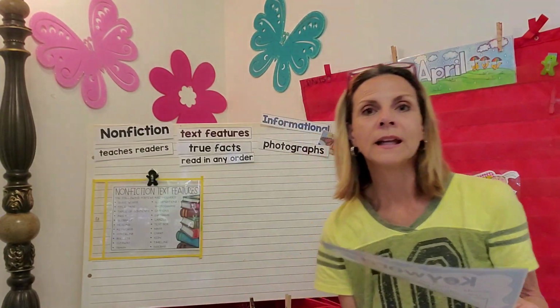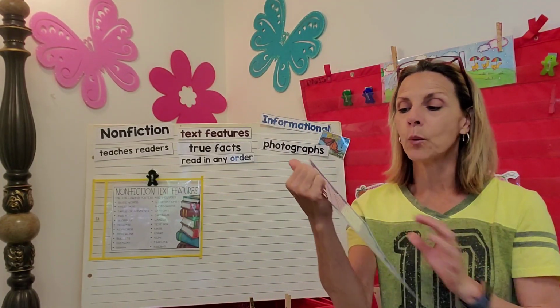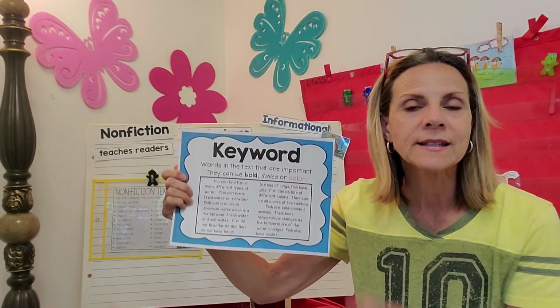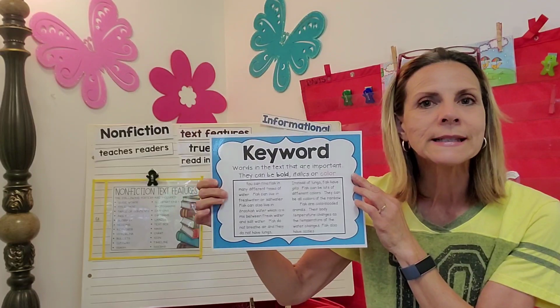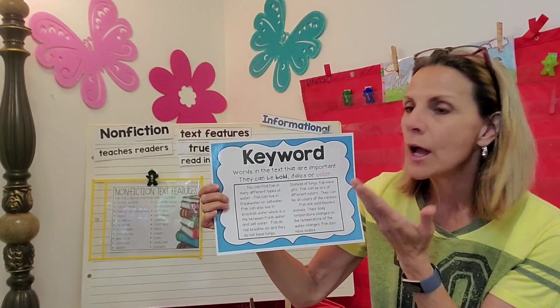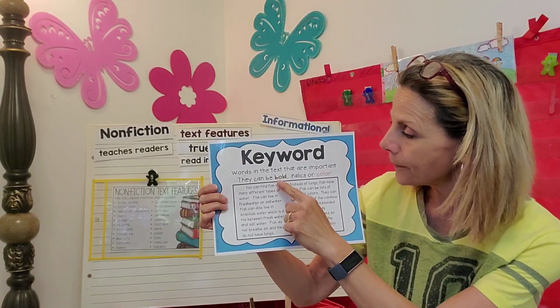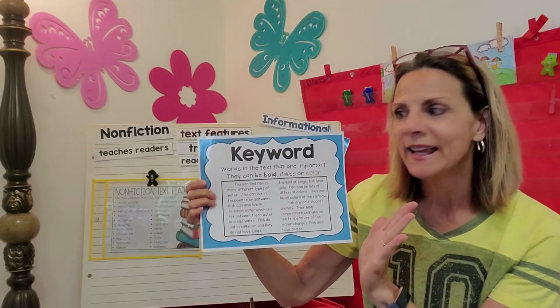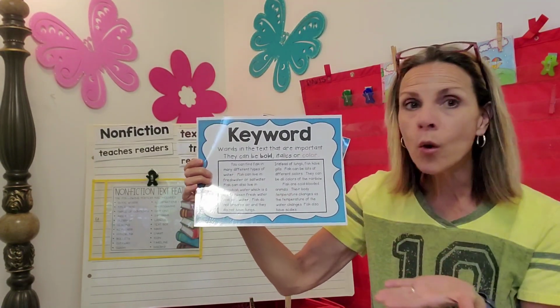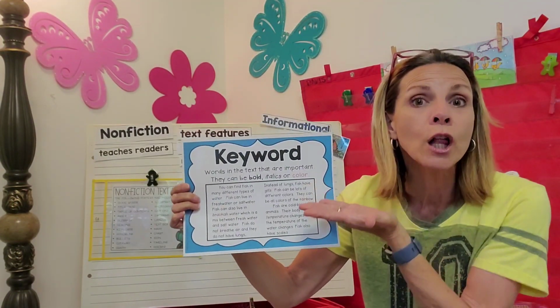And then finally, this one is really important, keyword. Now a keyword is a word that you're going to see in a nonfiction text. It will either be bold, dark, or it will be slanted, written in italics, or it will be written with a color.